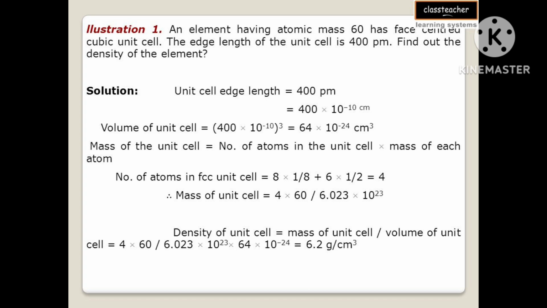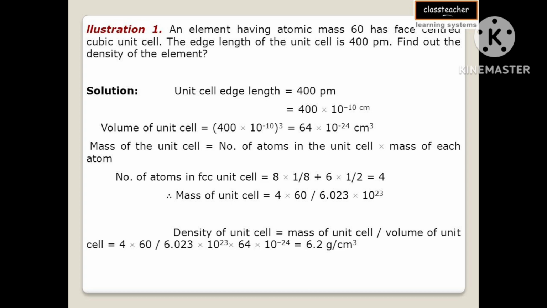The density of the element is 7.2 gram per cubic centimeter. How many atoms are present in 208 gram of the element? This is the numerical. Now I am telling you the solution, the answer of this question.